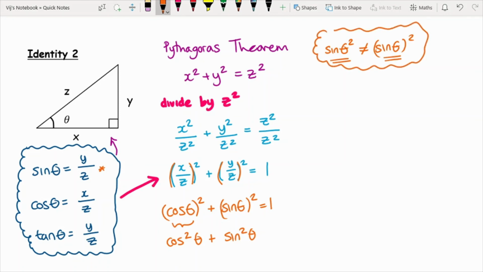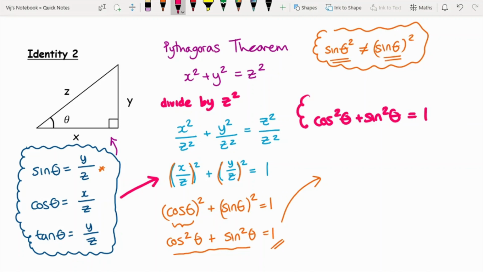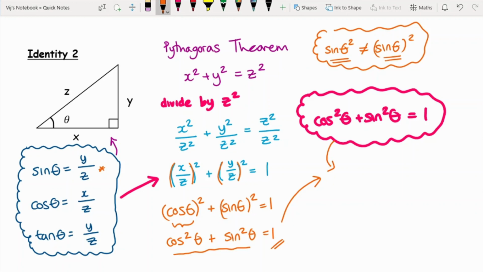Returning to our trig identity, our second trig identity we need to learn is that cos squared theta plus sine squared theta is equal to 1. Being forward thinking, you also need to learn the manipulation of this.